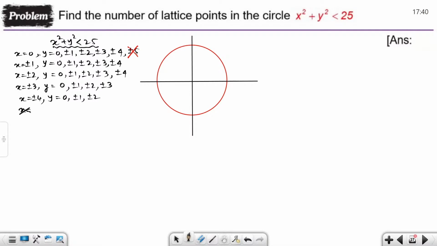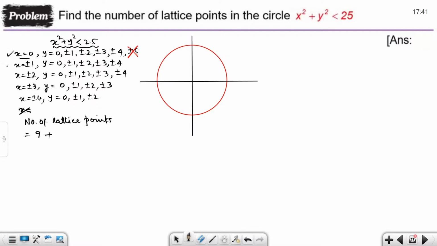So how many points are you getting here? When x is 0 and y takes 0, plus minus 1, plus minus 2, plus minus 3 and plus minus 4, you are getting 9 lattice points.